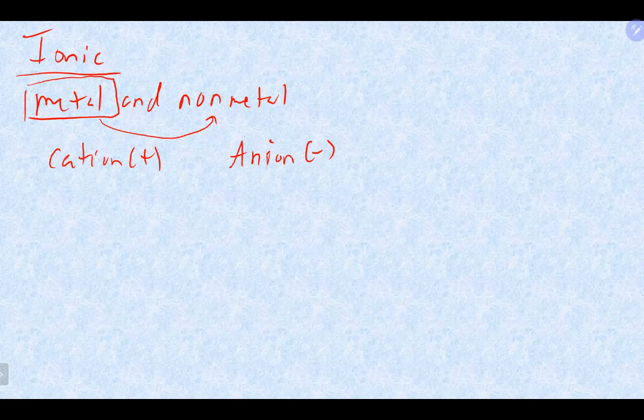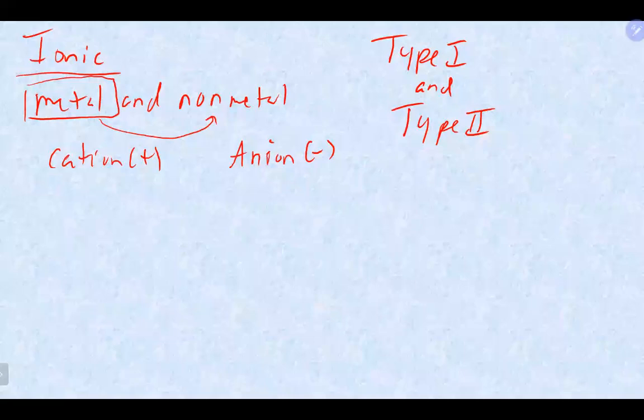There's really two types of ionic compounds that we sometimes name, sometimes referred to as type 1 and type 2 ionic compounds. And really, there is no difference in terms of what makes up those ionic compounds. They're both metals and non-metals, but the difference is where the metal falls.